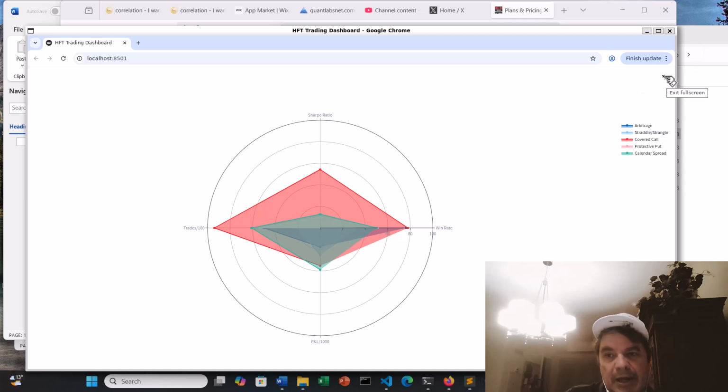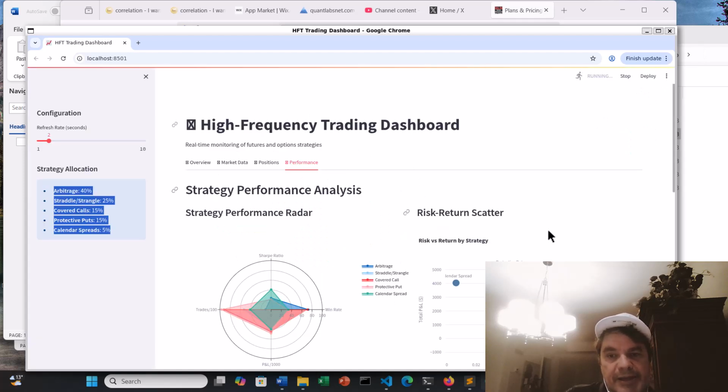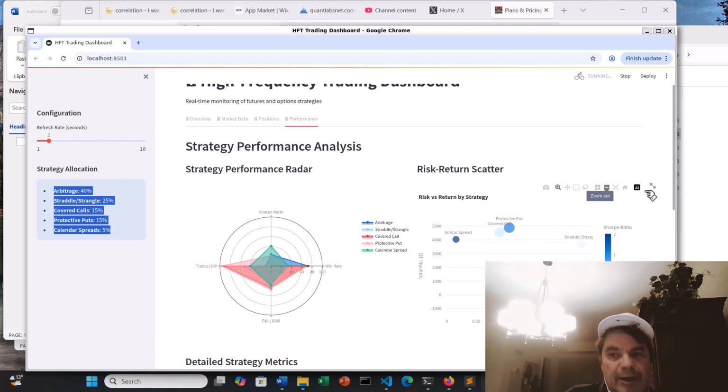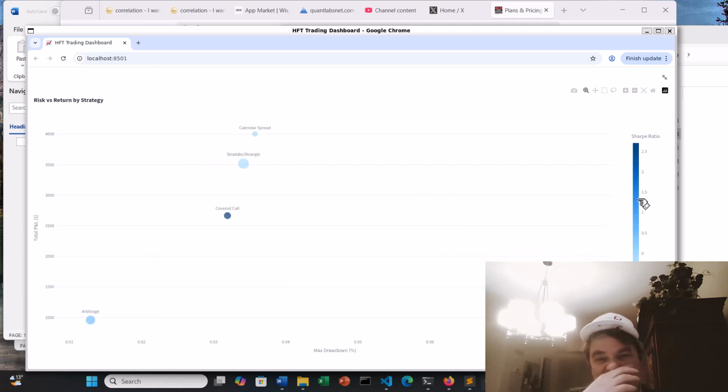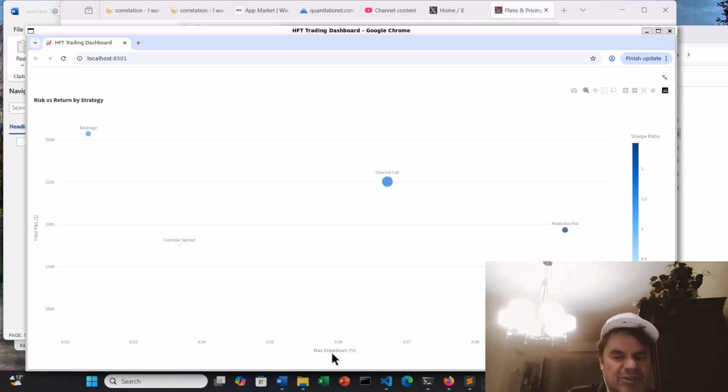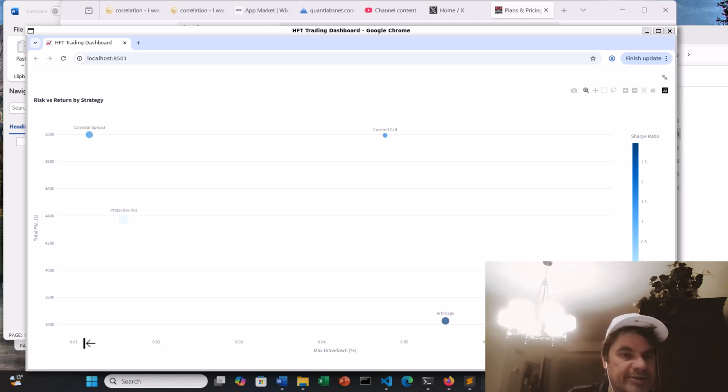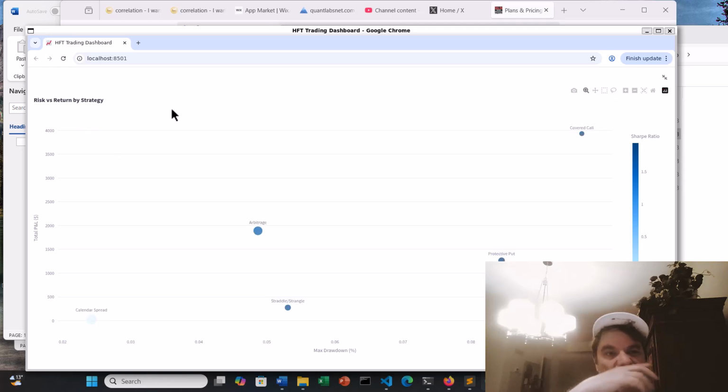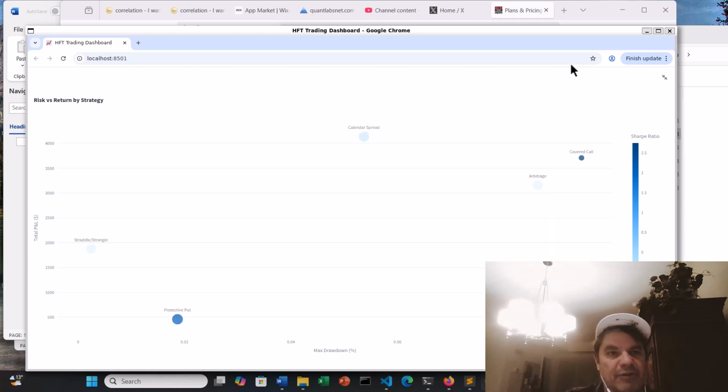And then here we've got the risk-return scatter plot. Again, it's crazy, but what's giving us our max drawdown? We want to be in around here with a maximum P&L. So in this case, we want protective puts, and then only focus on those strategy types and get rid of the rest for maximum profit.